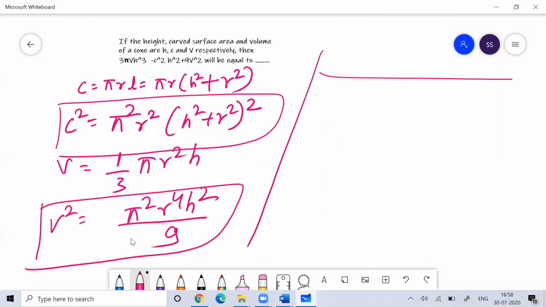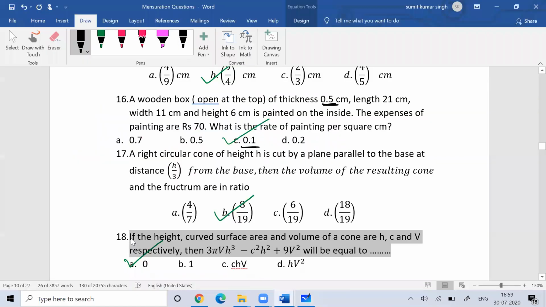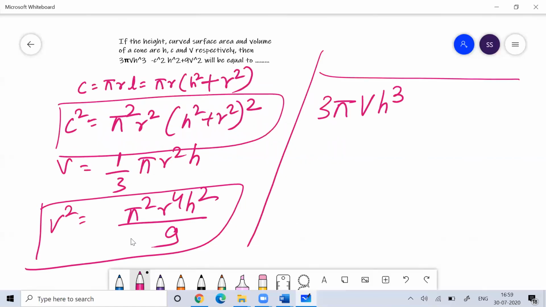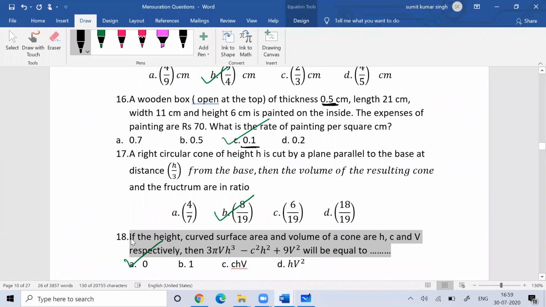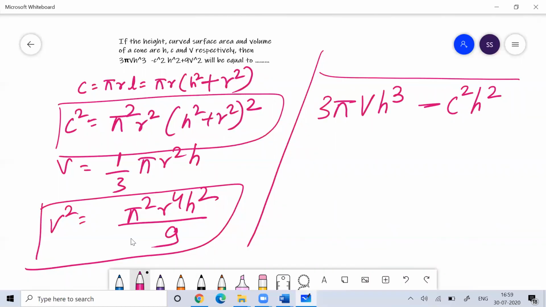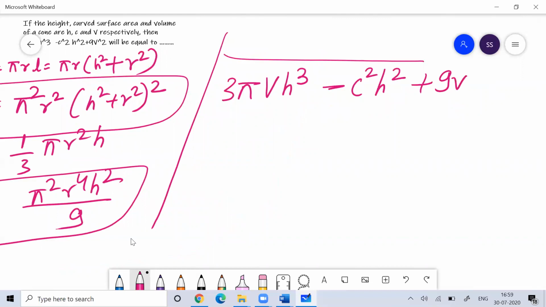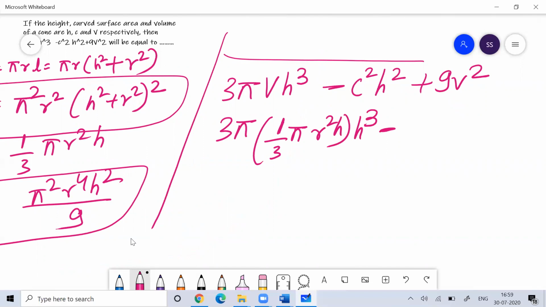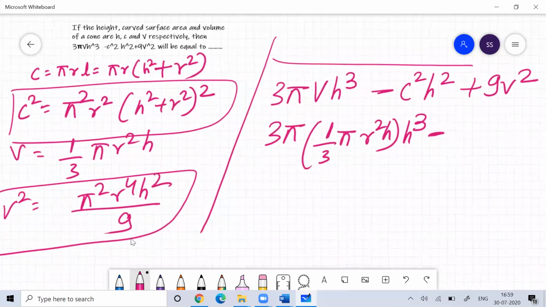Okay. Now what I need is 3 pi V h cube minus C square h square plus 9 V square. So 3 pi V, 1 by 3 pi r square h, into h cube minus C square.